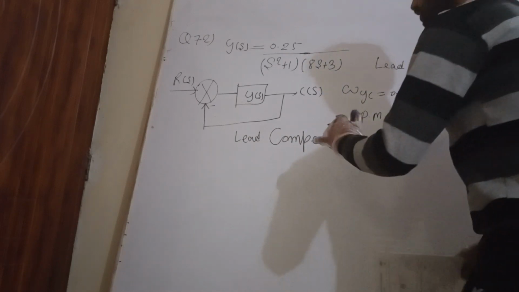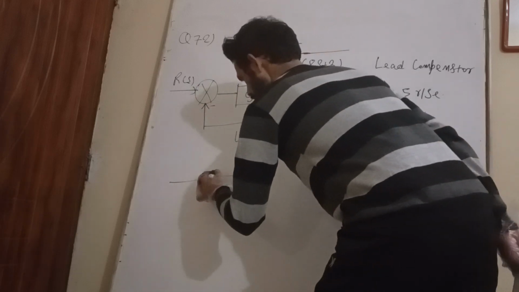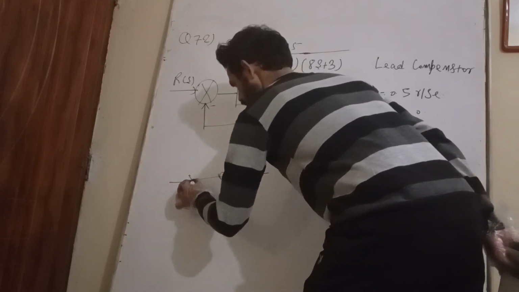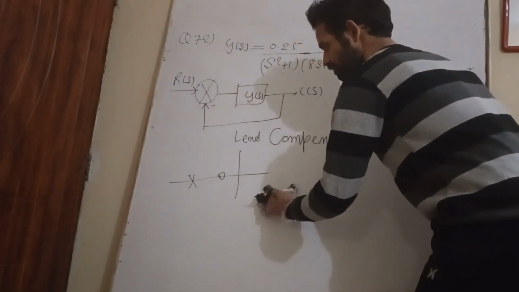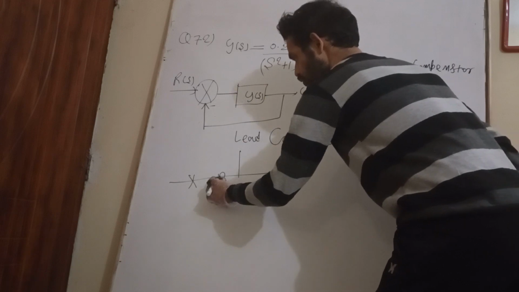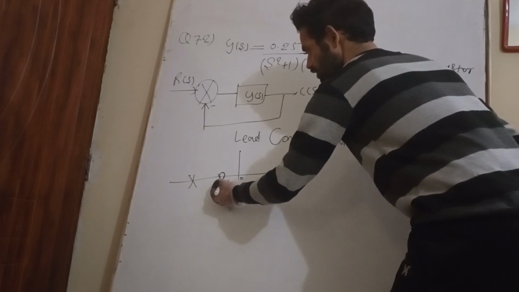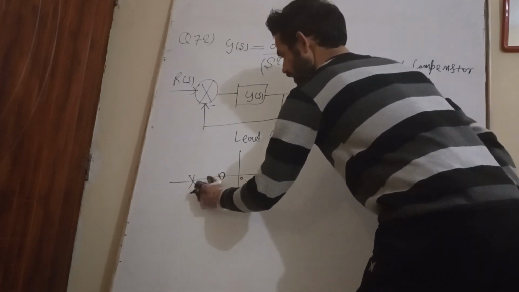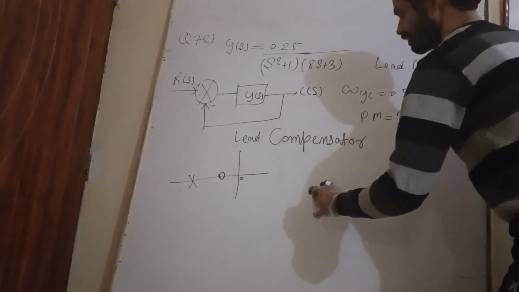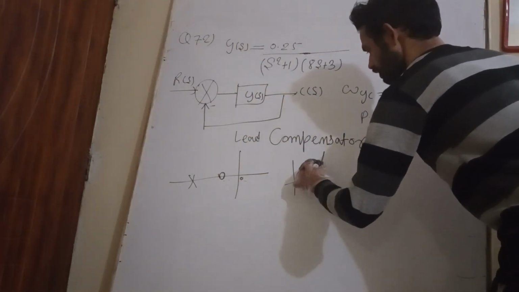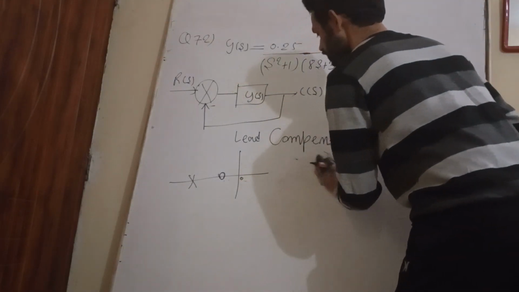A lead compensator is a type of compensator which has its zero near the origin. It always gives a lead, so it is a leading compensator, like a high pass filter.